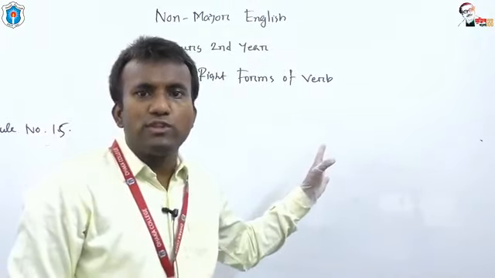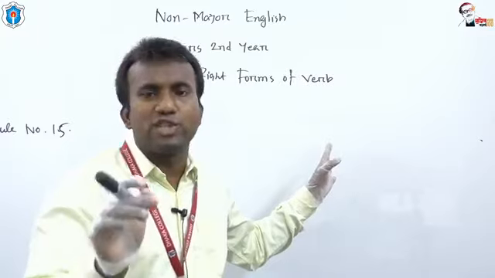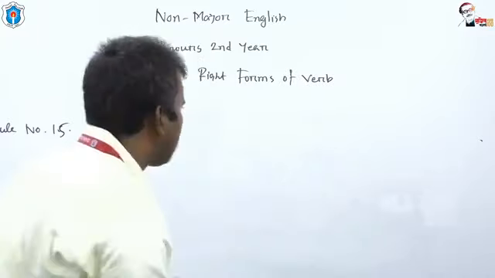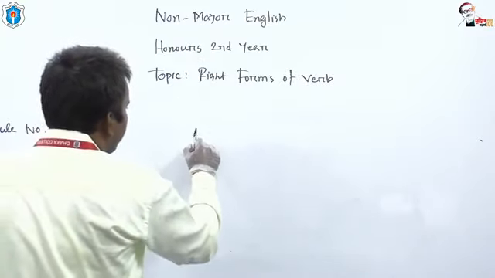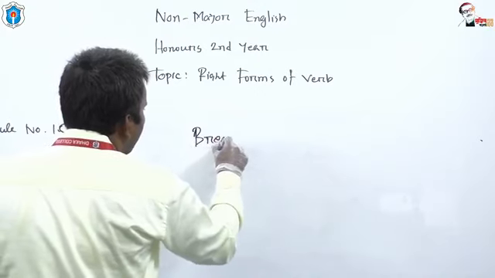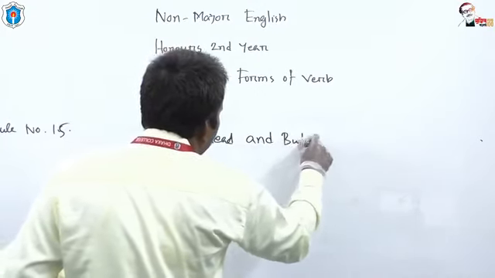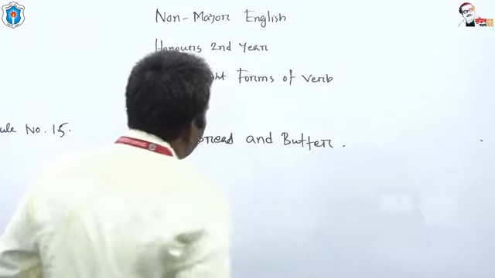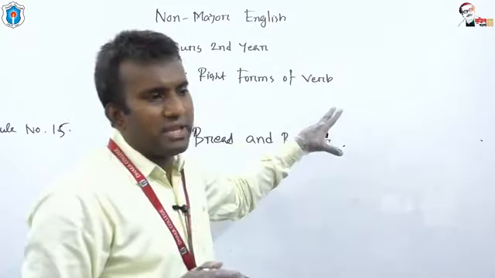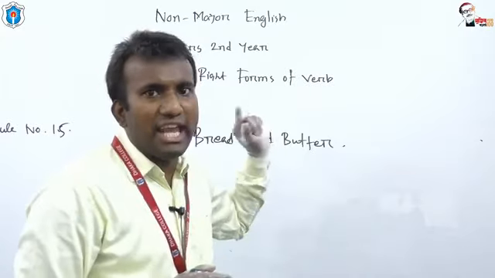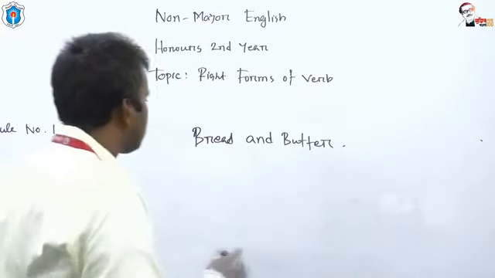Now I'm going to give you an example related to rule number 15. Look at the board. Bread and butter. Bread and butter is a compound subject, but there is something else behind this.